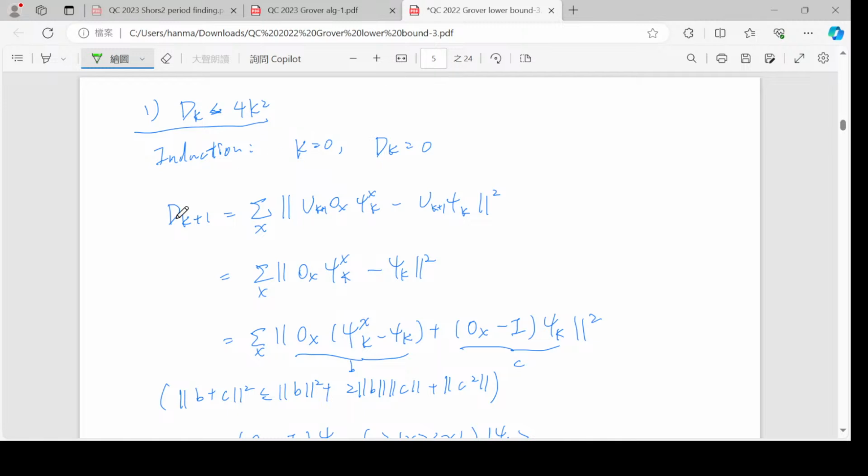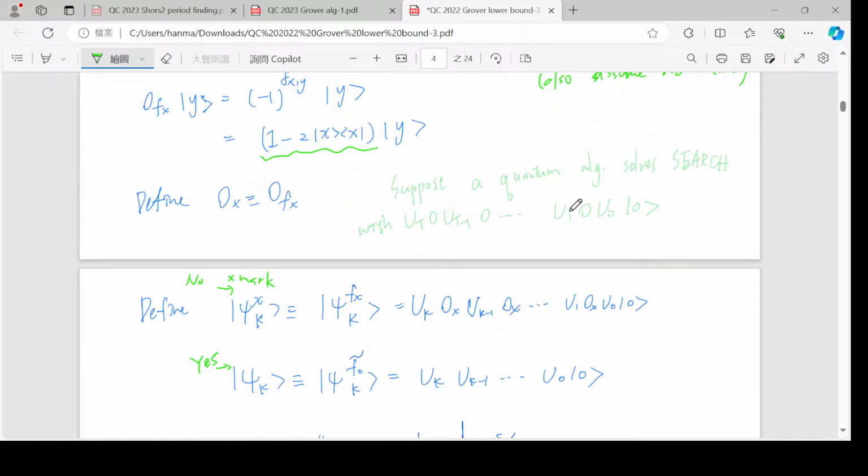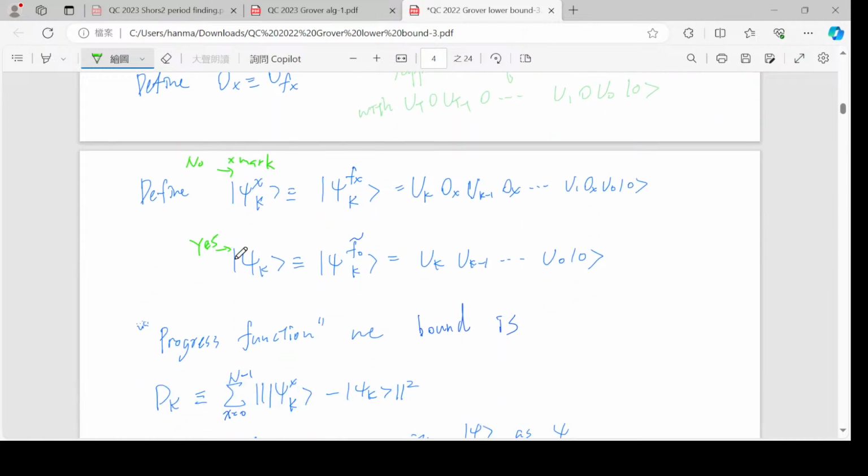So dk plus 1 is the sum over x of the distance between psi x k plus 1 and psi k plus 1. What is psi k plus 1? Let's scroll up. Psi k plus 1 is this thing with one more step, so we put another OX and U k plus 1.